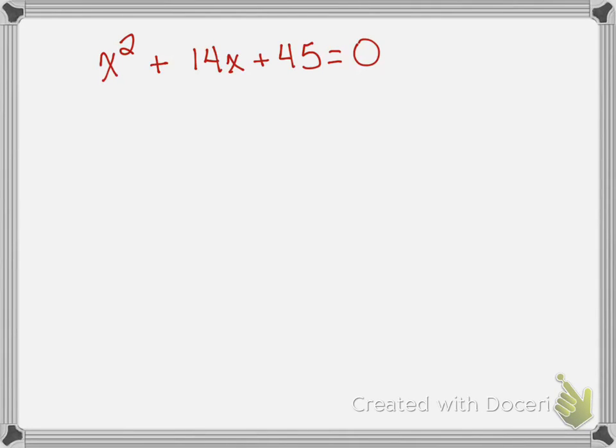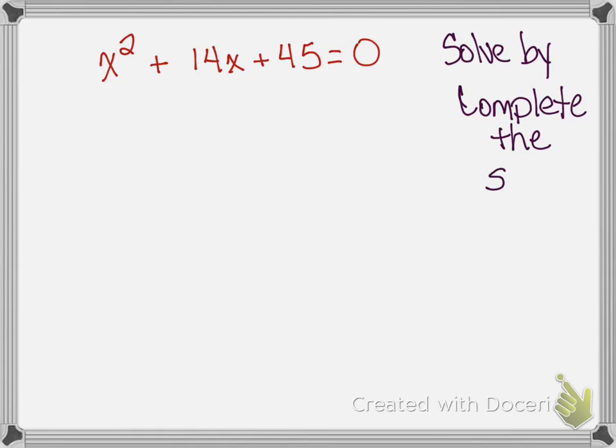Now, your directions on this say solve by completing the square. So you have to complete the square on this, because the directions say to solve by completing the square.